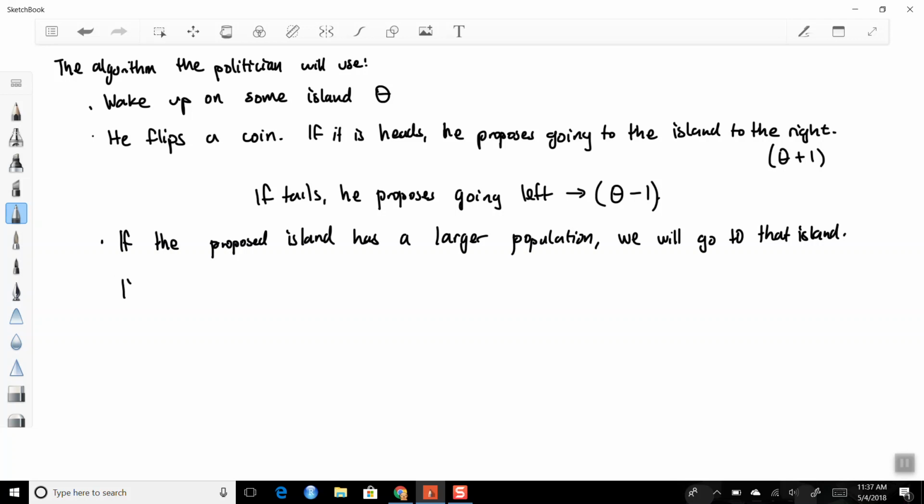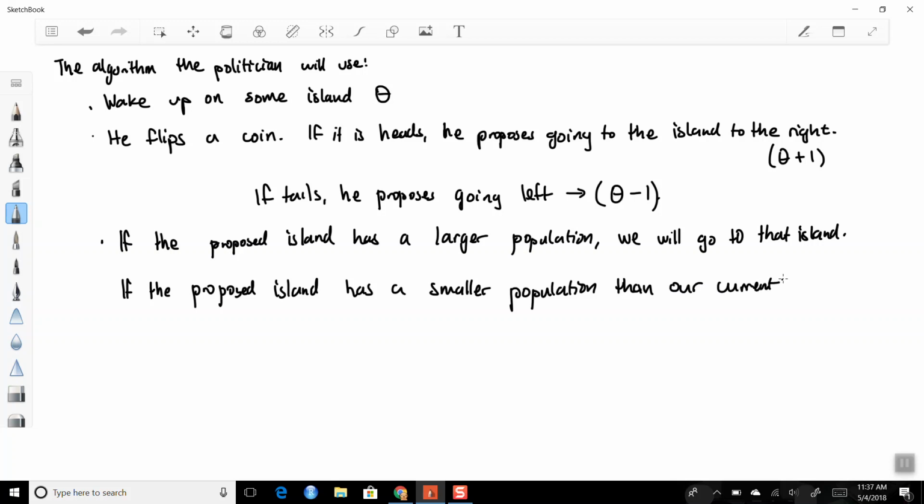On the other hand, if the proposed island has a smaller population than our current island, we might go or we might not go.